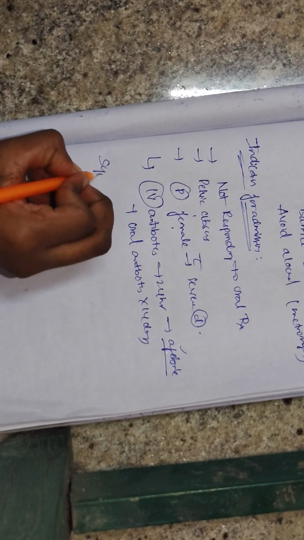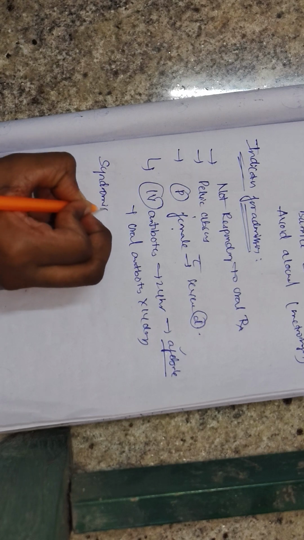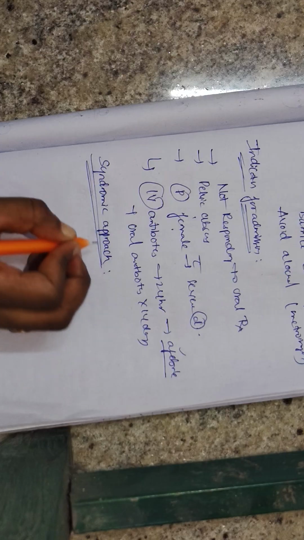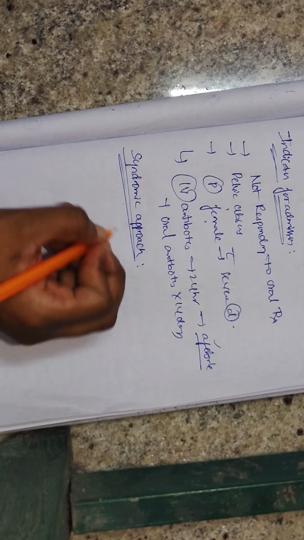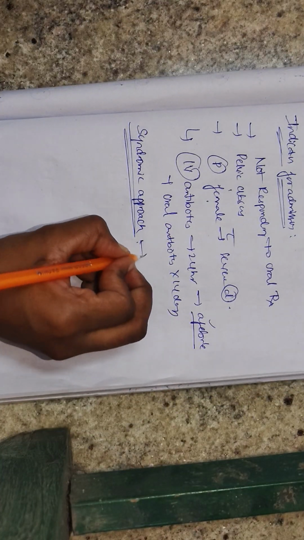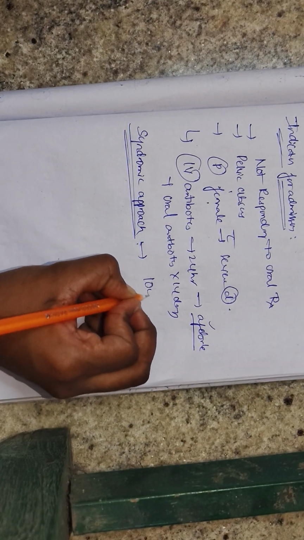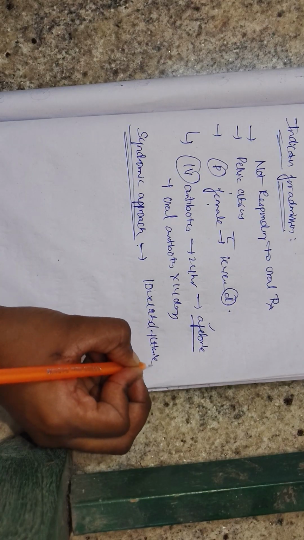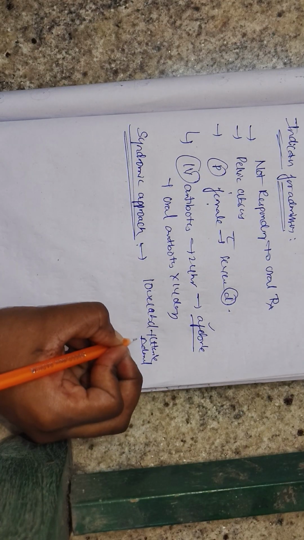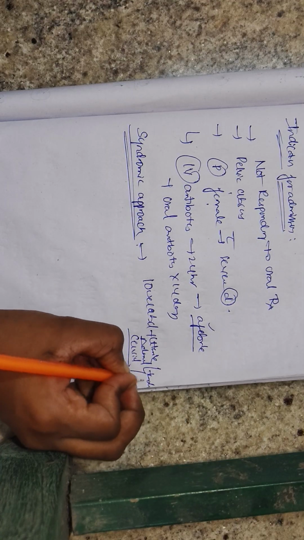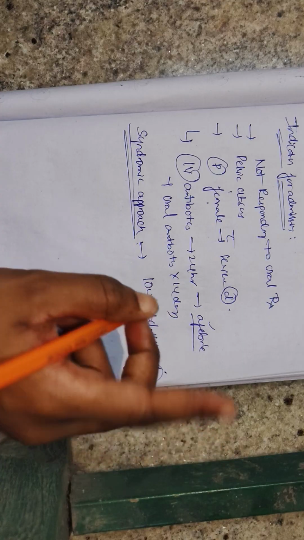Next, the syndromic approach. What are the indications? As I told before, lower abdominal pain along with uterine tenderness, adnexal tenderness, or cervical motion tenderness, any one of the tendernesses I discussed in the CDC criteria.